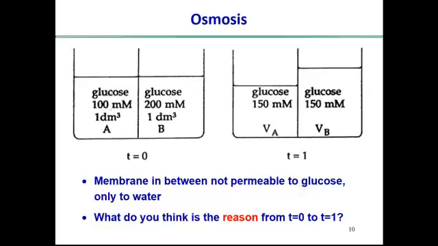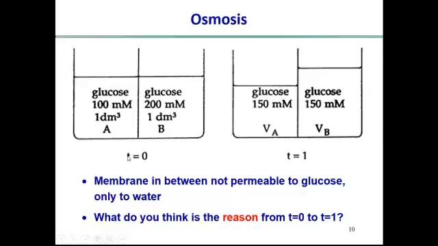In this particular case, the left side is glucose dissolved in water, at a concentration of 100 millimolar. On the right side, the glucose concentration is 200 millimolar, also dissolved in water. The membrane in between is only permeable to water, but not to glucose molecules.